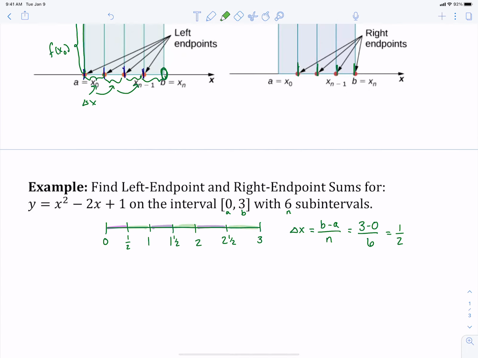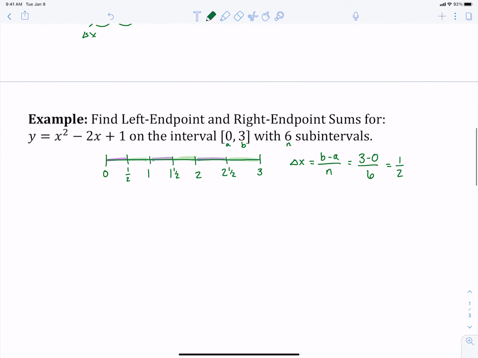And for our left sum, we're going to do a left sum with 6 intervals. We're going to start with that first purple interval. The left-hand side is f of 0, so we're going to find f of 0 times our delta x, which is 1/2. Then we're going to take this green interval, go to the left-hand side to find the height of our rectangle times our delta x.